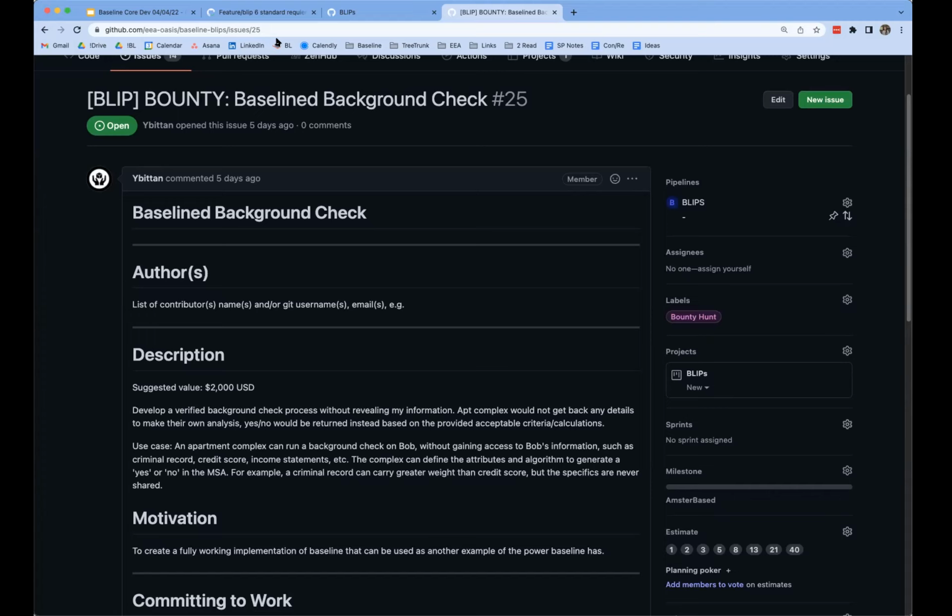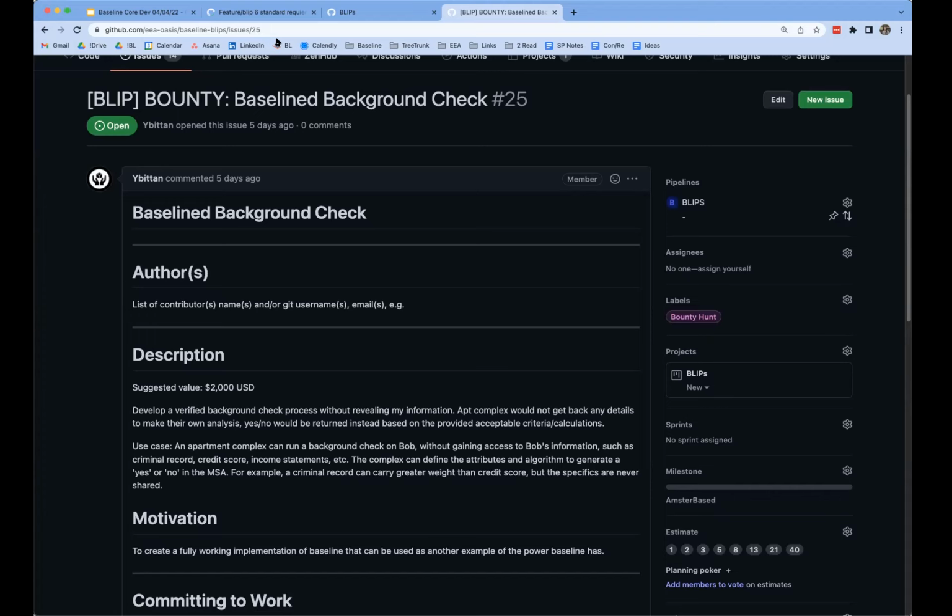So Andreas, in this scenario, does the apartment complex get to see some of this information, or is that also? No, they don't get to see anything. They just get a proof. They're just getting a proof that all of the organizations that you requested the information from provided that information, and that it fulfills your requirement. Okay, so the requirement for the credit score would, for instance, be that it be some minimal value.